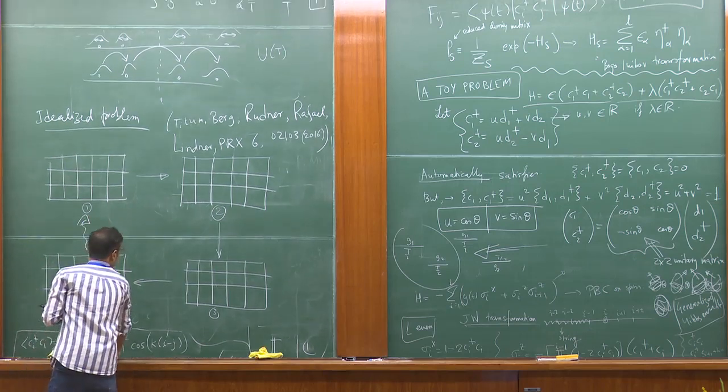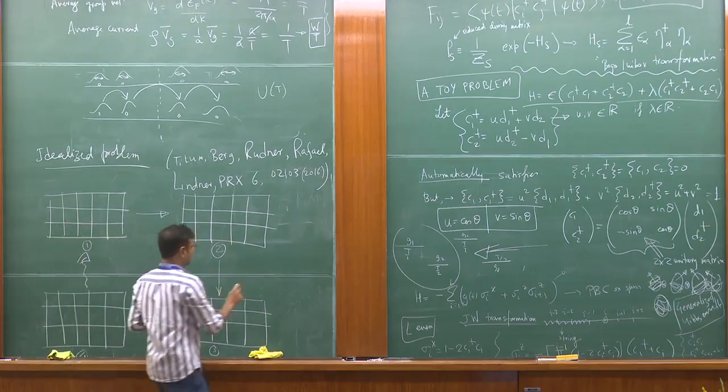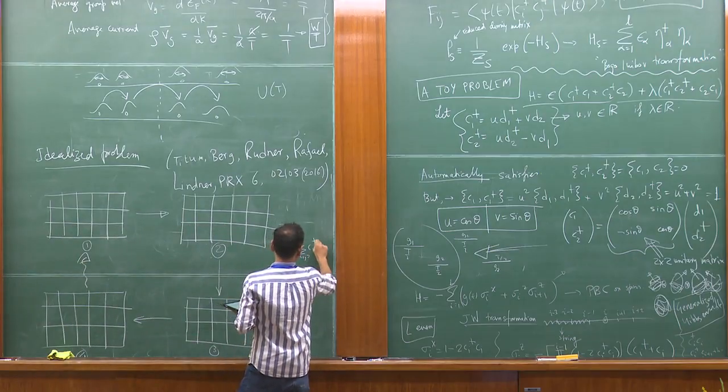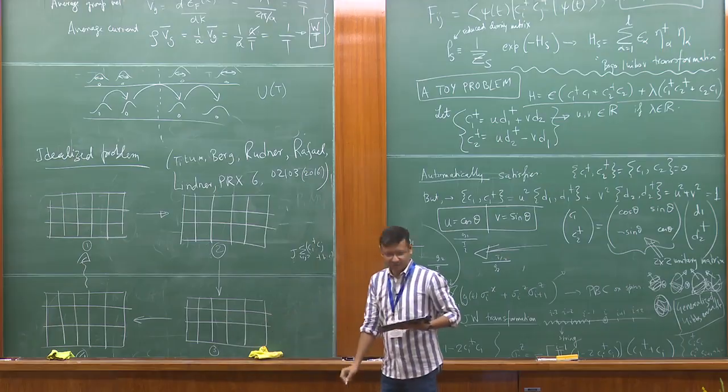So what is the cycle? So the Hamiltonian here is simply nearest neighbor fermionic hopping. That's it. That's the Hamiltonian with some well-chosen coupling. I'll come to this well-chosen coupling.